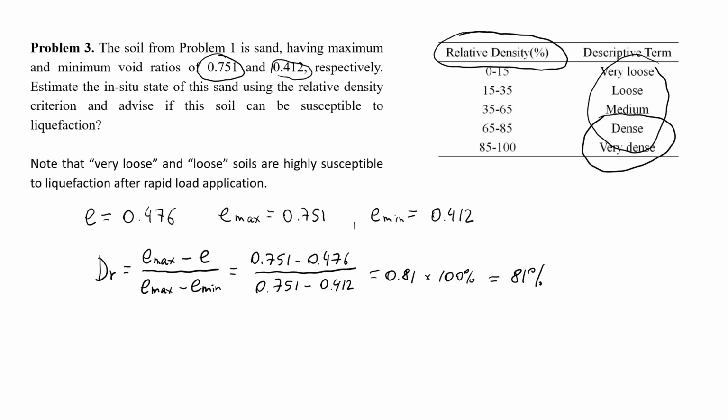So we see that 81 falls in the range of dense. This means that the soil in its natural state, in the field, is in a dense state, which is very good. If sand is dense, it's not going to be susceptible to liquefaction. So I'm going to write here, dense sand, and if I answer the question of the problem, it's not susceptible to liquefaction.